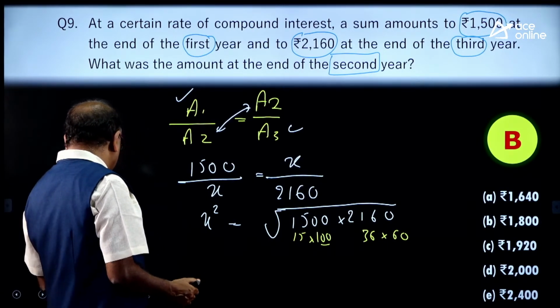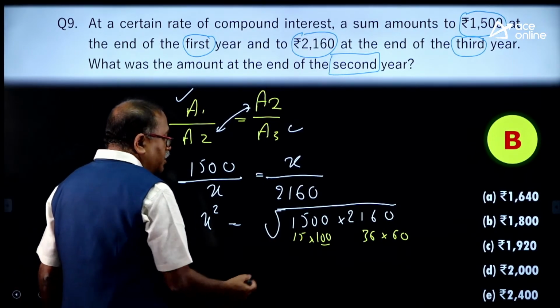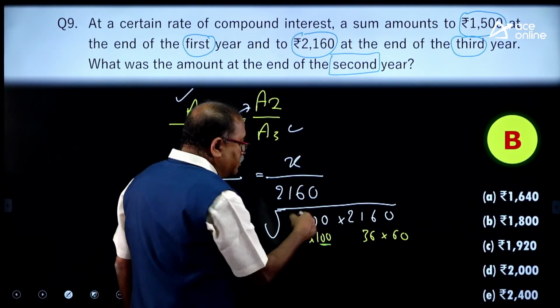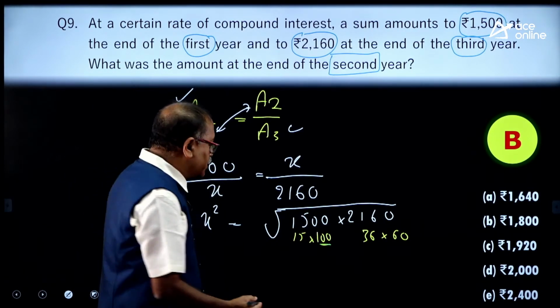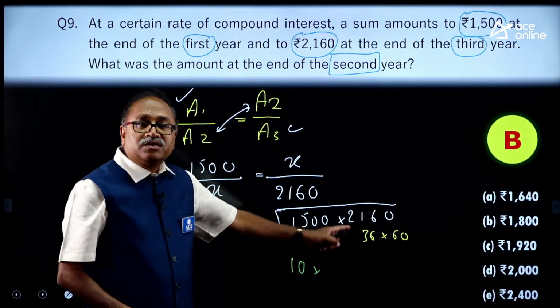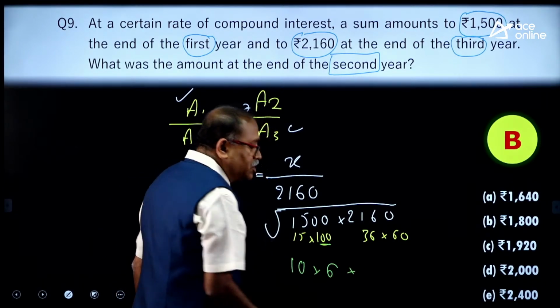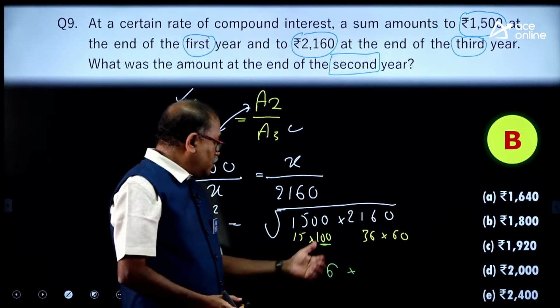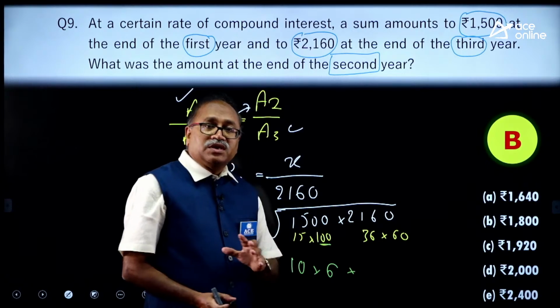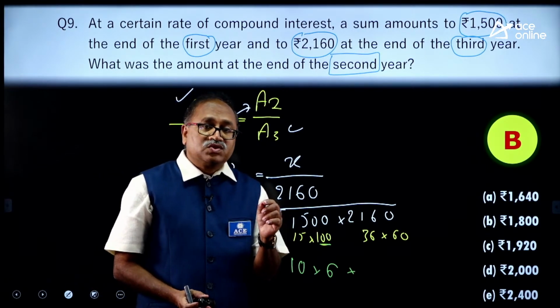So, what all can I take out? The 100 I will take out of the square root, it will become 10, into 36 I will take out of the square, this is 6, into. Now, can you see 15 into 60, that is 900, and 900 is 30 square.